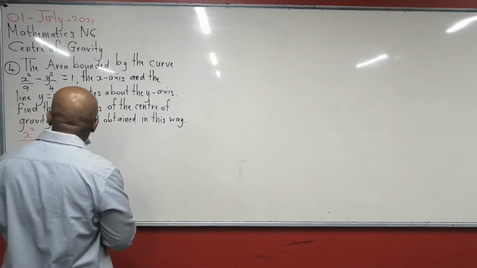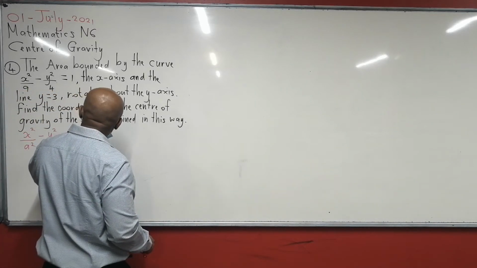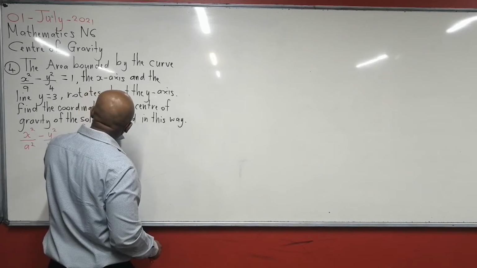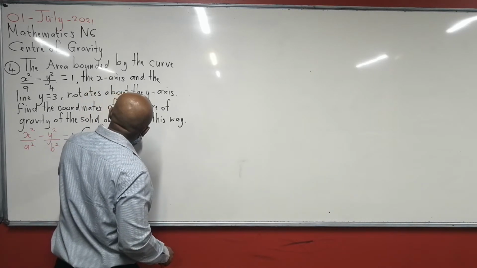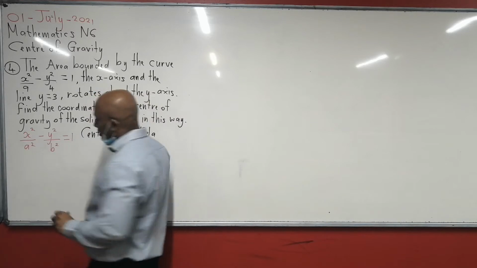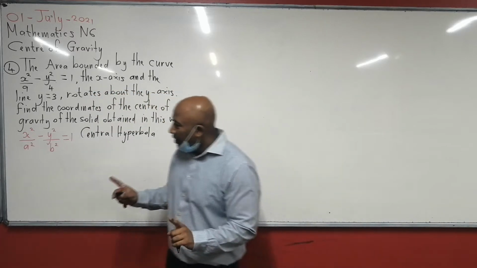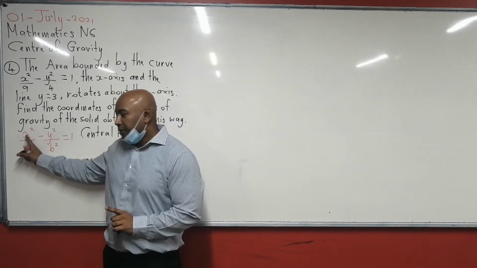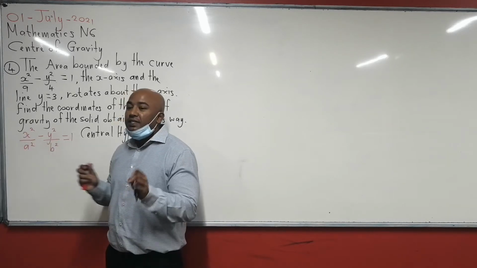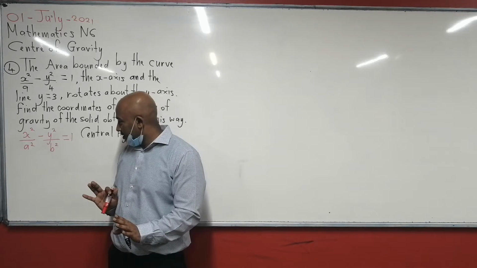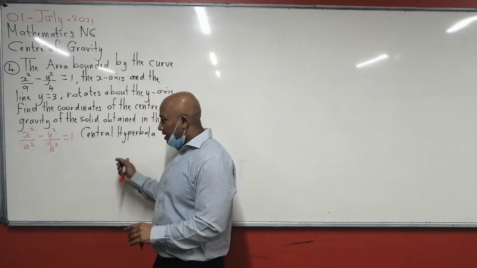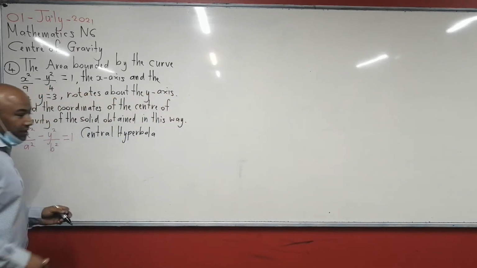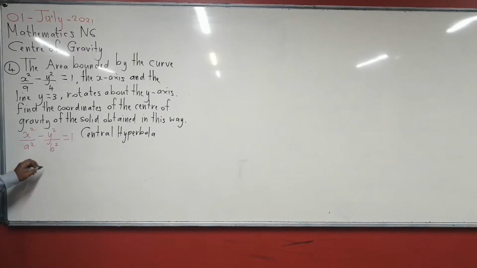When you see a negative sign in between x squared and y squared on the same side of the equation, equal to a number on the other side, you should know that this is a central hyperbola. We did this in N4.